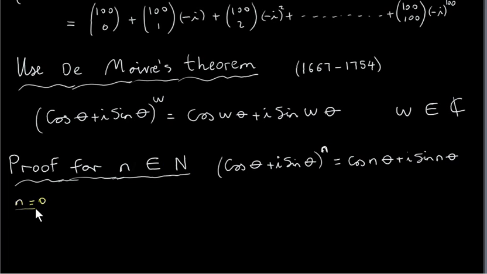So I'm going to start by proving that this is true for n equals 0. So let's look at the left hand side. What's the left hand side when n is 0? Well, we just get cos theta plus i sine theta to the power of 0. Anything to the power of 0 is 1, and we want the same rules to apply for complex numbers. A complex number raised to the power of 0 is also 1.